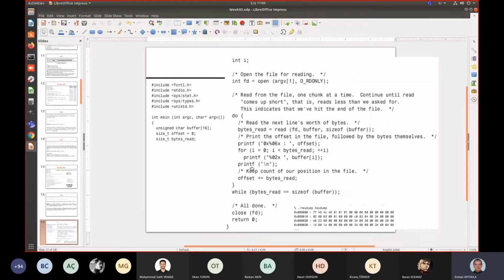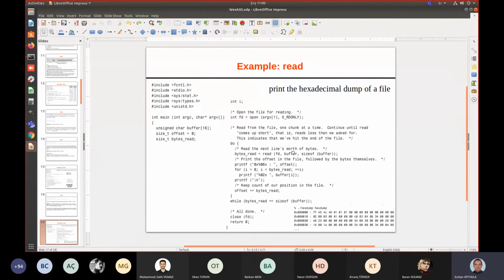So we are reading it in multiples of 16 bytes. We will read 16, 16, 16, and eventually we will read a number that is less than 16, so 0 or some number less than 16. If that happens, that means we have reached the end of the file, according to this logic. And then we close the file and we return 0.